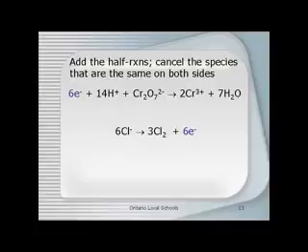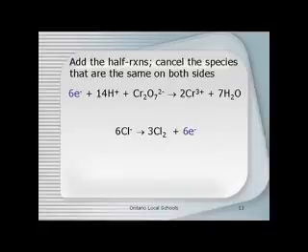When we look at this, we have 6 electrons on the reactant side of the dichromate half reaction, and we have 6 electrons on the product side of the chloride going to chlorine half reaction. So we can cancel those 6 electrons.